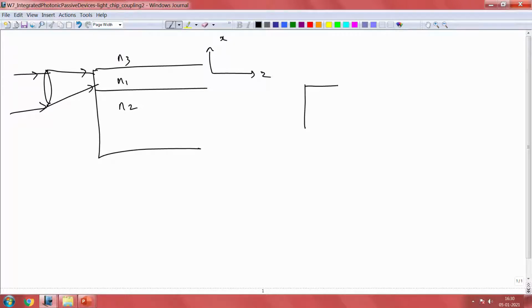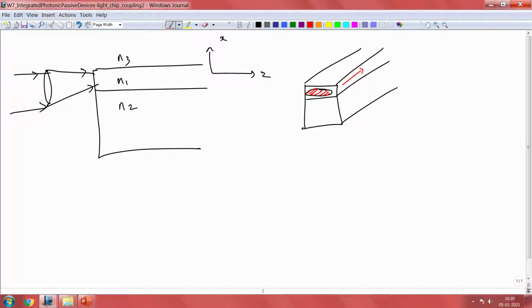What I am essentially looking at is a system like this. I want to couple light into this waveguide. This is the mode that I am going to excite, and this would propagate through the system. This is essentially what I want.